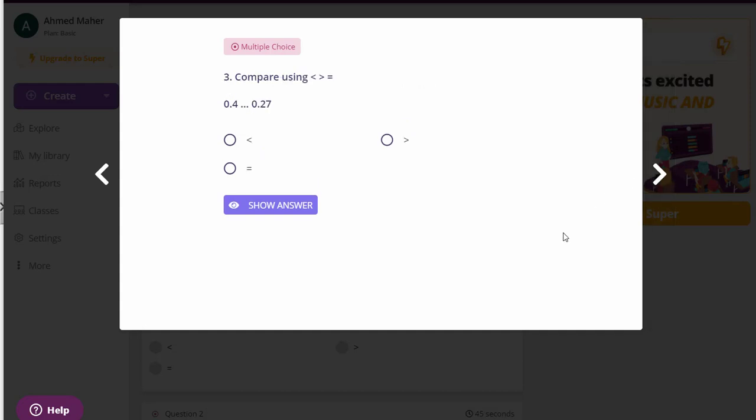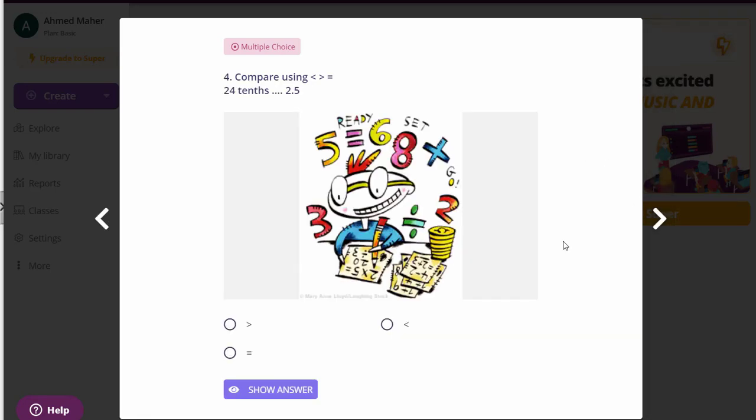This is comparing. And Maitham, go ahead. Greater than, because the tenth is here, it's 4, and for the other one, it's 2. So 4 is greater than 2. Do not move to the hundredths. Thank you, Maitham. Great work. And let's move to the next one.